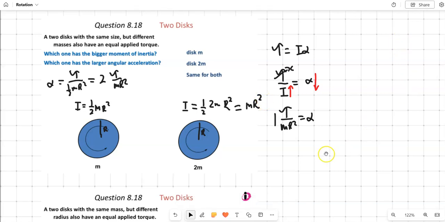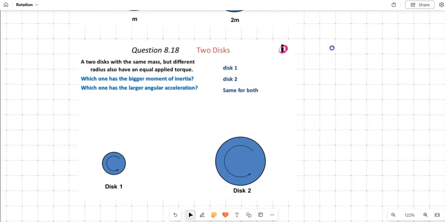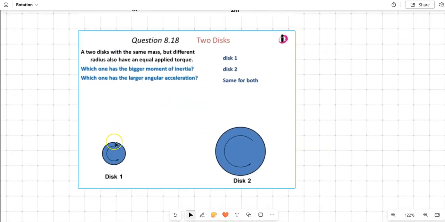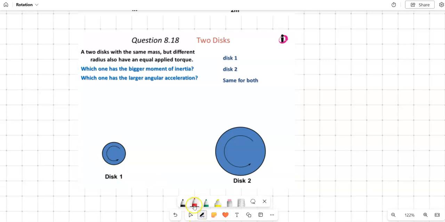Let's try another problem. Now you have 2 objects that are different sizes, one is twice as large as the other one. So let's say this one has a radius of 2r, while this has a radius of r.